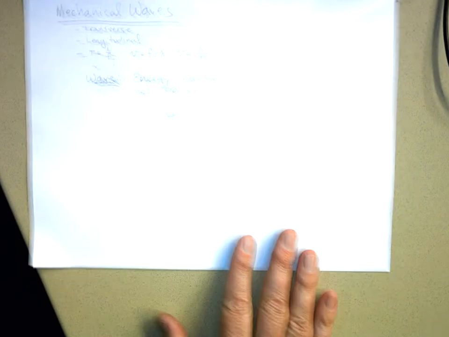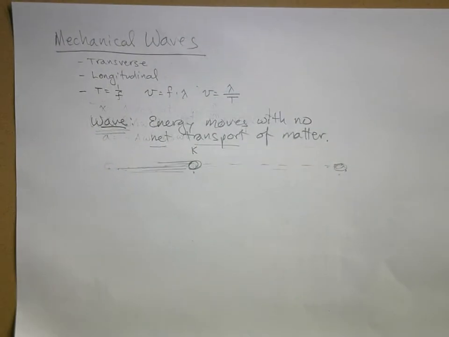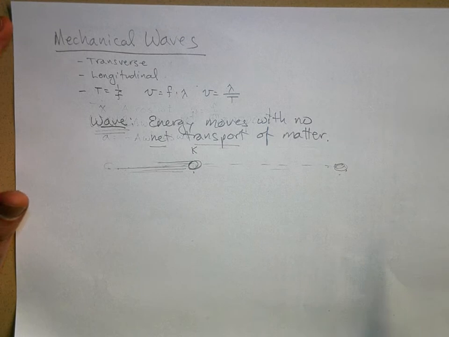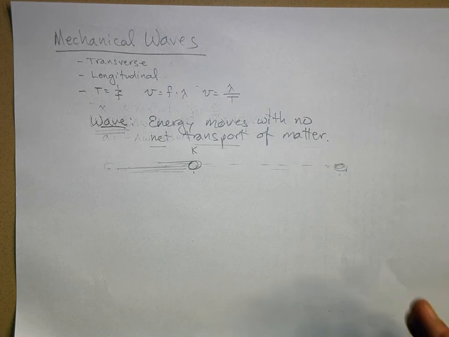Okay, so now there are different kinds of waves. There are waves that we call electromagnetic waves.